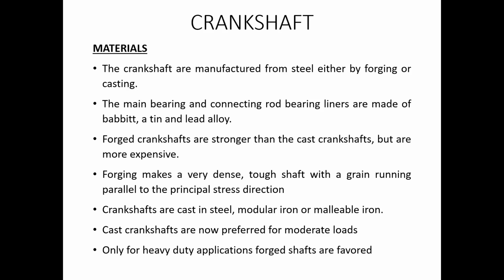For low to medium load conditions, cast crankshafts are considered because heavy loads will not be applicable, and they can also be manufactured easily and are less costly. So crankshafts which are made by casting are usually made of steel, nodular cast iron or malleable iron.